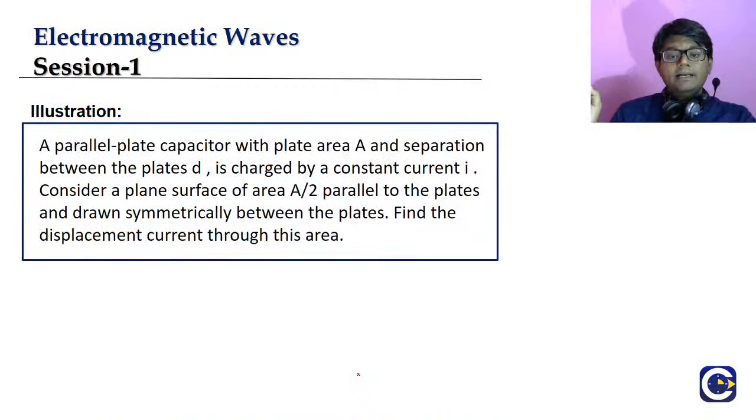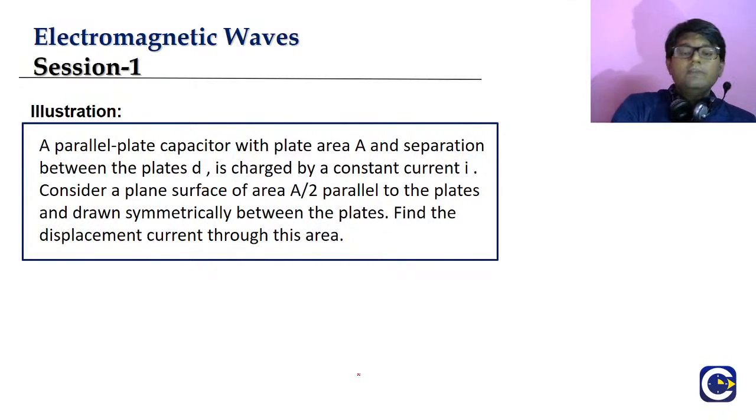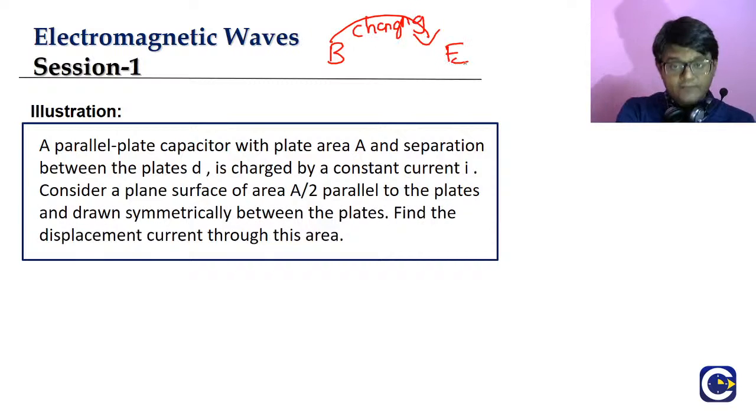This is the idea of displacement current, and how we can look at the other side of the relation. Faraday's law gives one side: how a changing magnetic field can produce an electric field.